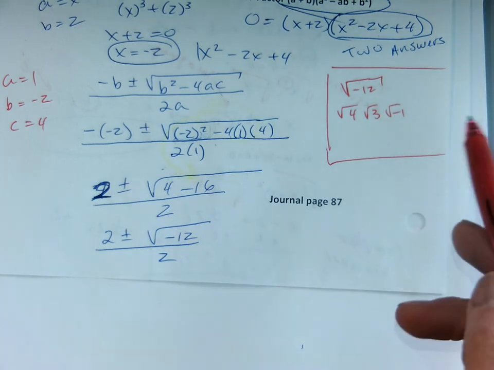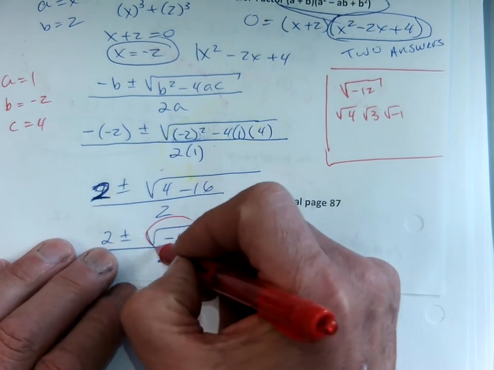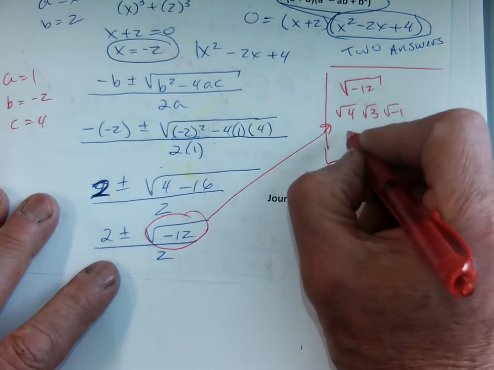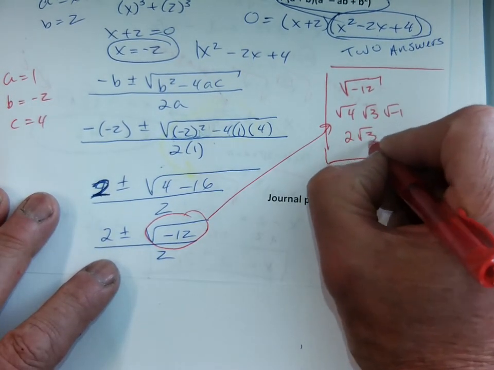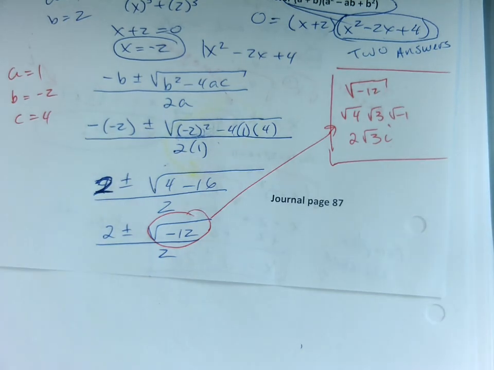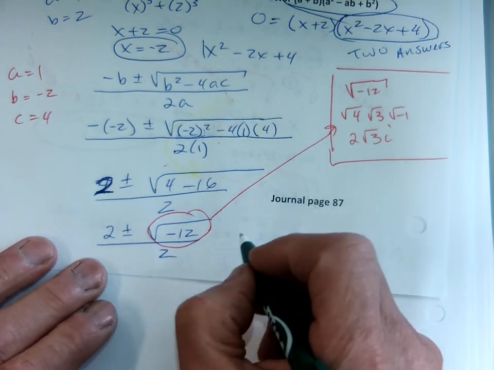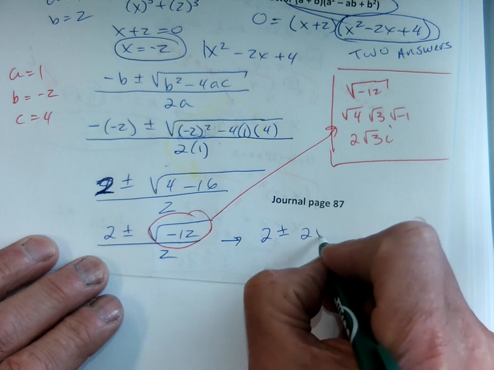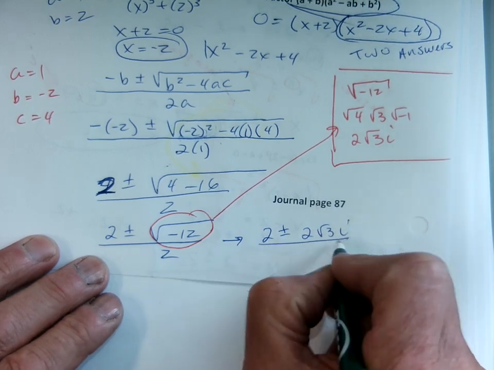Thumbs up on my side work. I want to figure out what this is simplified, okay? That is 2 square root of 3 i, right? You okay with that? Yeah. So now I'm going to go back here and get my answer: 2 plus or minus 2 square root of 3 i, over 2.